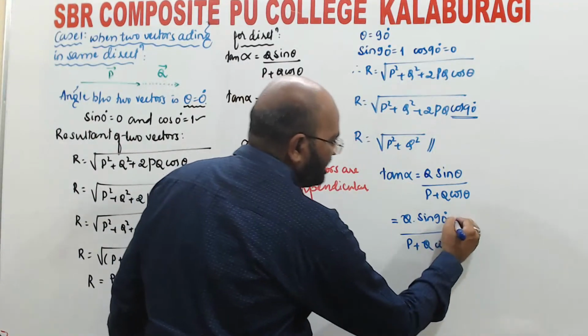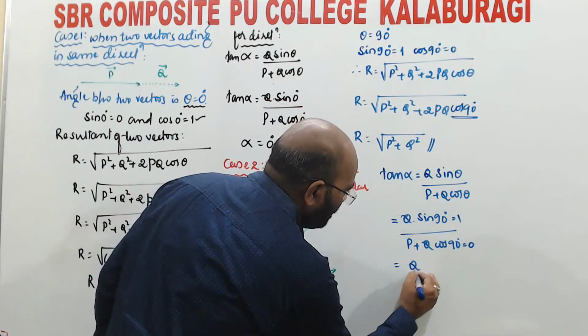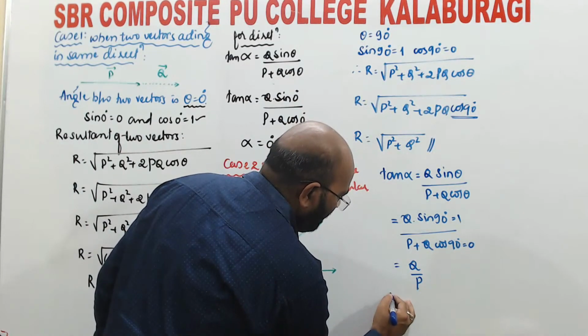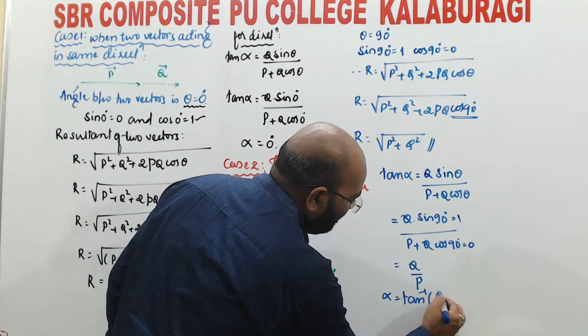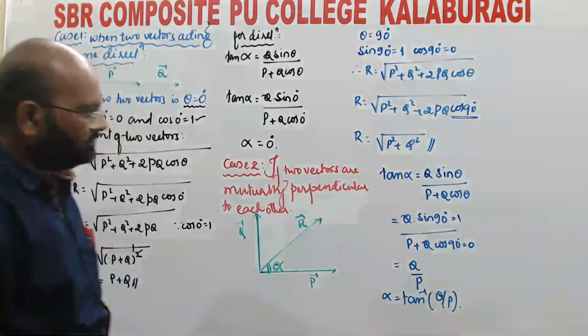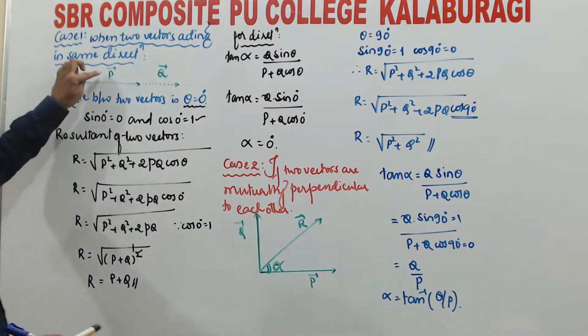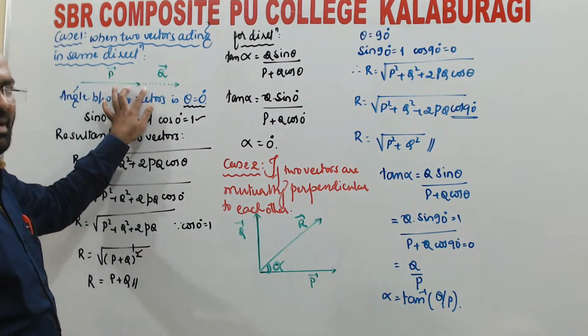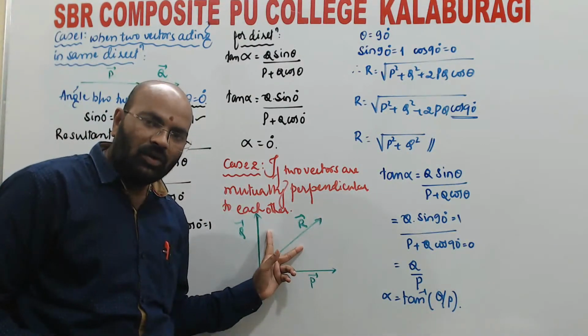Sin 90 is 1, cos 90 is 0. Therefore we get q divided by p. Then alpha is equal to tan inverse of q by p, when they are mutually perpendicular to each other. So this is case 1 when two vectors are in the same direction, and then the case when the two vectors are perpendicular to each other.